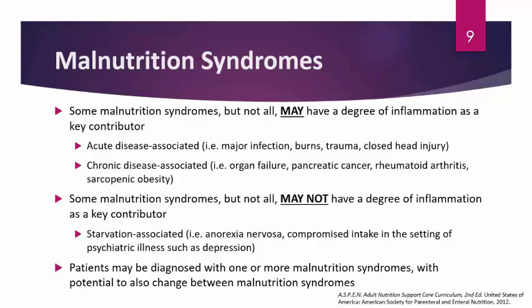Now, in contrast to those malnutrition syndromes that have inflammation as a key contributor, there are many malnutrition syndromes that don't have a degree of inflammation as a key contributor. Typically we call those the starvation-associated malnutrition syndromes. Those are things such as anorexia, or some other compromised intake in the setting of a psychiatric illness, such as depression or anxiety.